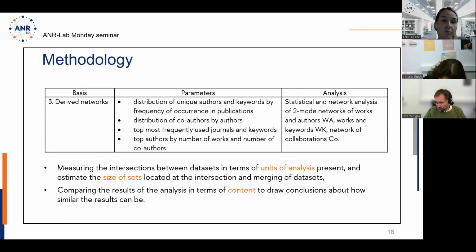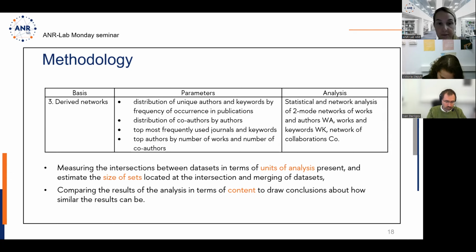Then we also looked at top most frequently used journals and keywords, and top authors by number of works and number of co-authors. So we looked at the general distributions and also extracted the top units in these networks. And as the means of analysis, we used statistical and network analysis of two-mode networks, and also a network of collaboration, which is a one-mode network.